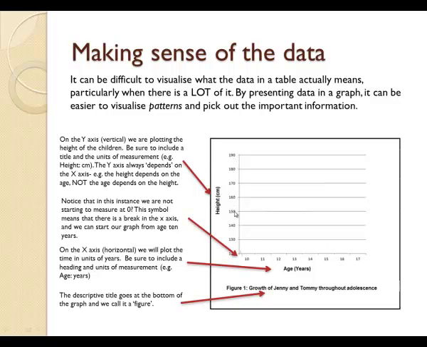It's important that they are graduated evenly. Along this axis here, this is our x-axis, the horizontal one, we plot the variable known as the independent variable. This is the thing that we change, the experimenters change, in order to see something happen to the dependent variable.